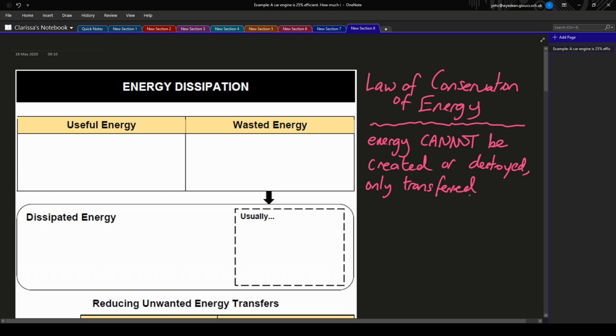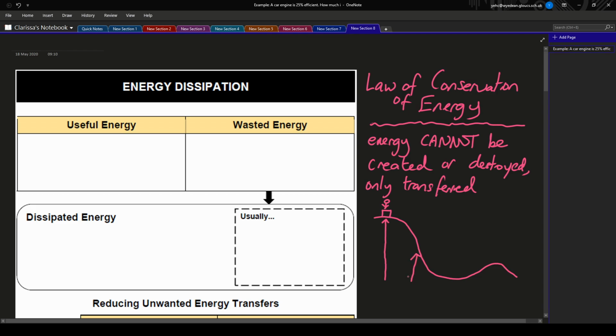Remember one of our examples, the relationship between gravitational potential and kinetic energy. Say you're at the top of a roller coaster. At this point, you have all of this gravitational potential energy because of your height from the ground. When you go down, you're losing gravitational potential energy because you're losing height.